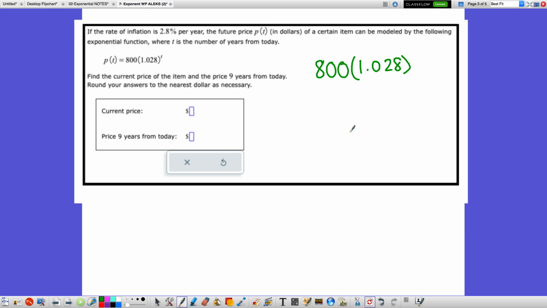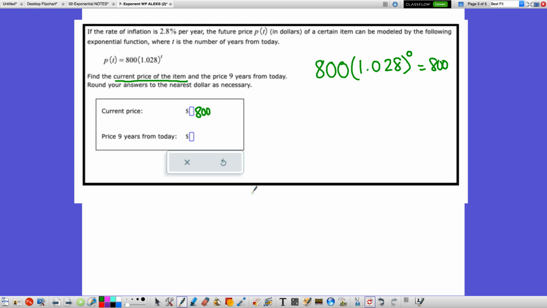In T years, how much will it cost? So if we're doing the price of the item today, current price of the item, that is currently at 0 years. So this is our initial value. So plug this into your calculator, or you can know that everything to the 0 power equals 1. So this literally just means 800 times 1, which is equal to 800. So the current price is 800.